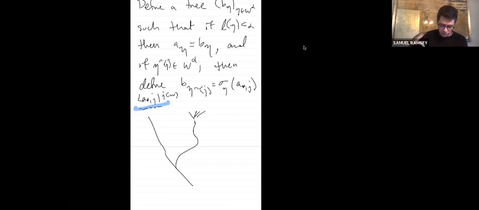So this path, I'm going to call this eta, and I want to define its jth successor. How do I do that? Well, I look at the automorphism that takes me from the all zeros path to this path, that's sigma sub eta, and then I just let the jth element on top be the image under this automorphism.